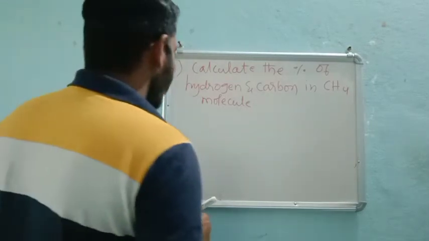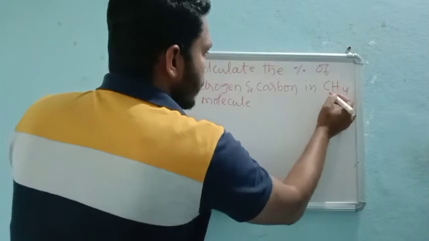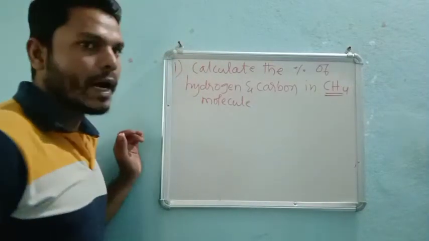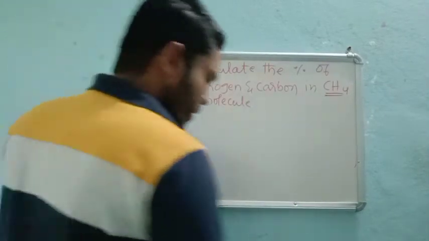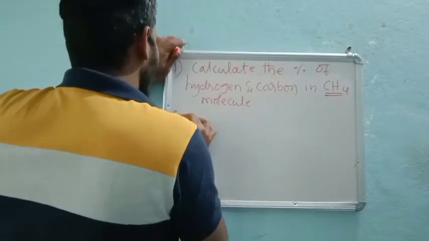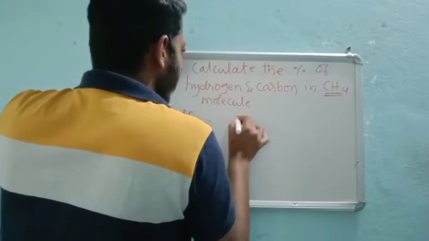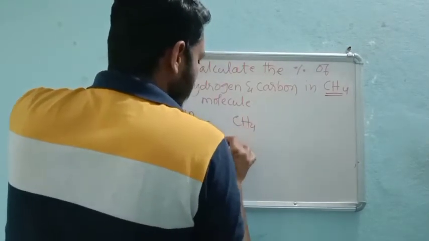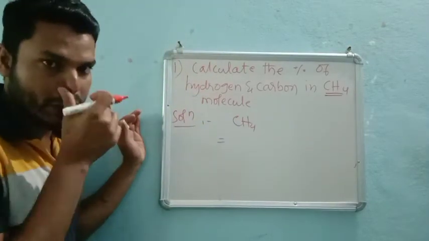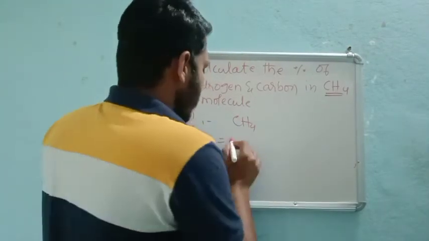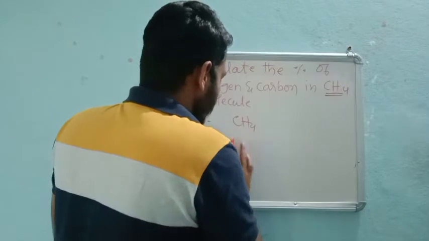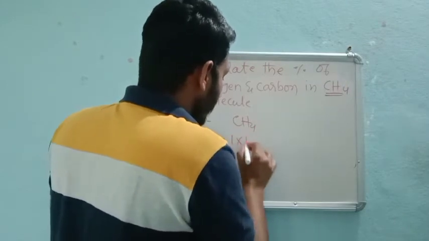So now the solution. First of all we need to calculate the total mass of the compound. The given compound is CH4. That means molecular mass, how will we calculate it? How many C are there? 1 into 12.